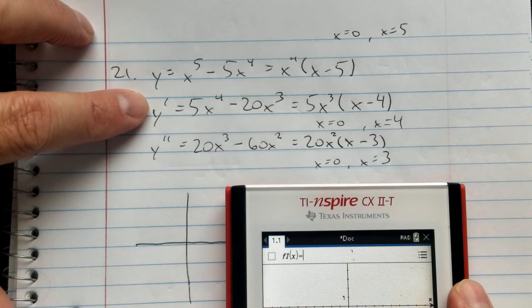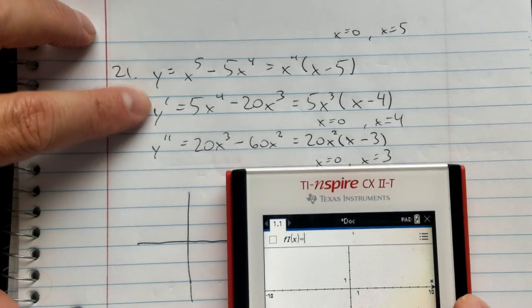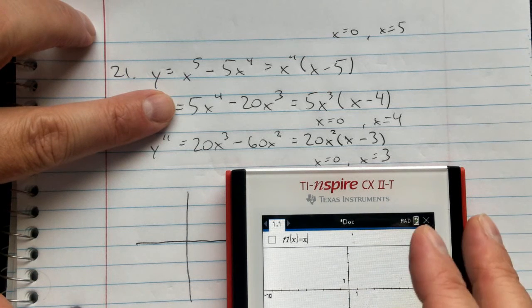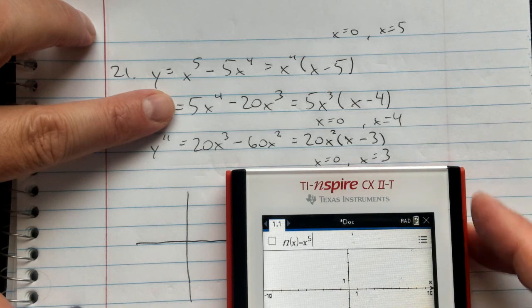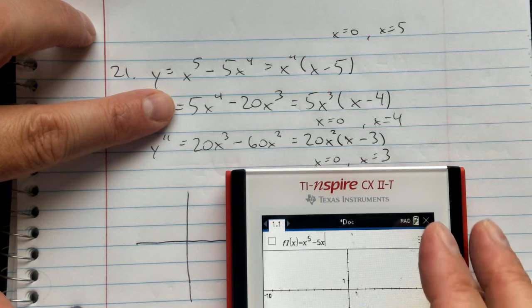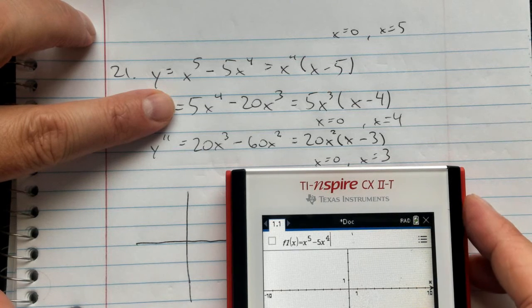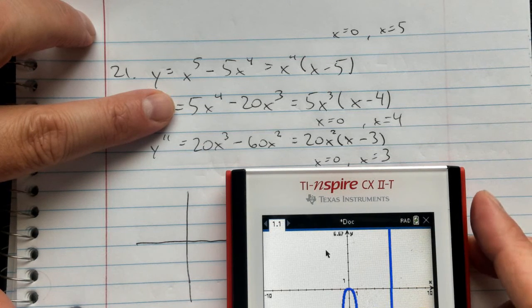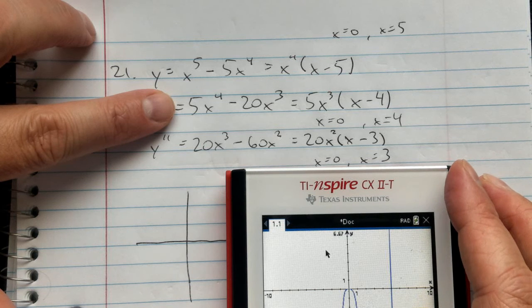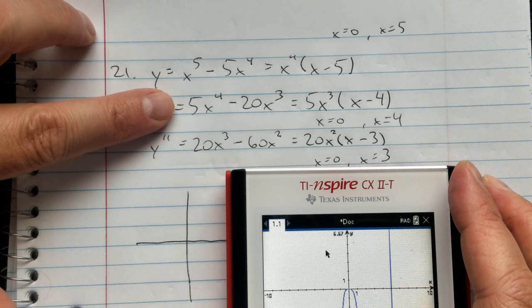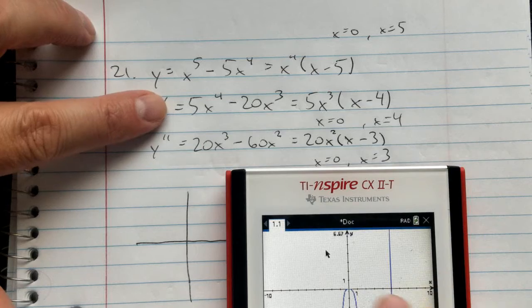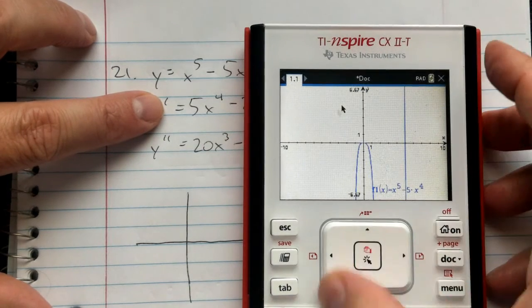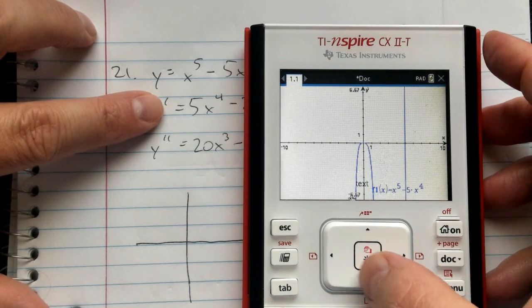We are going to have to change our window quite a bit. Let's graph this. x to the 5th minus 5x to the 4th. Before I type any other functions in, I'm going to go ahead and change my window.